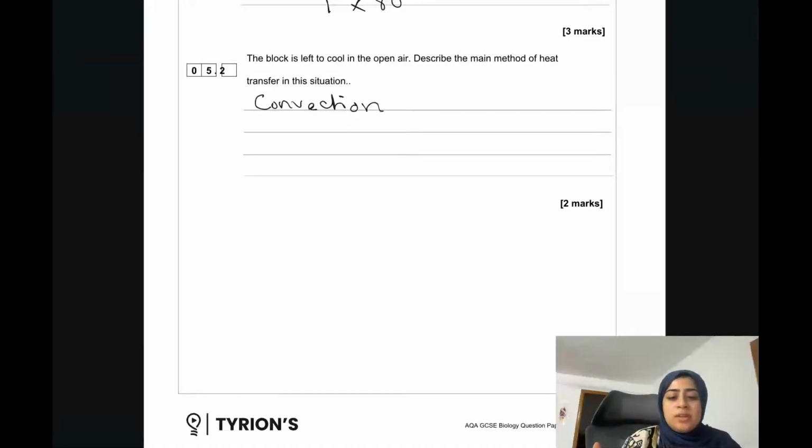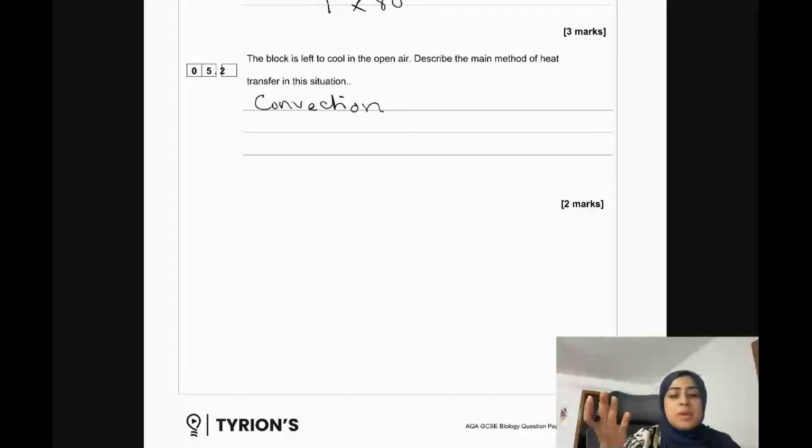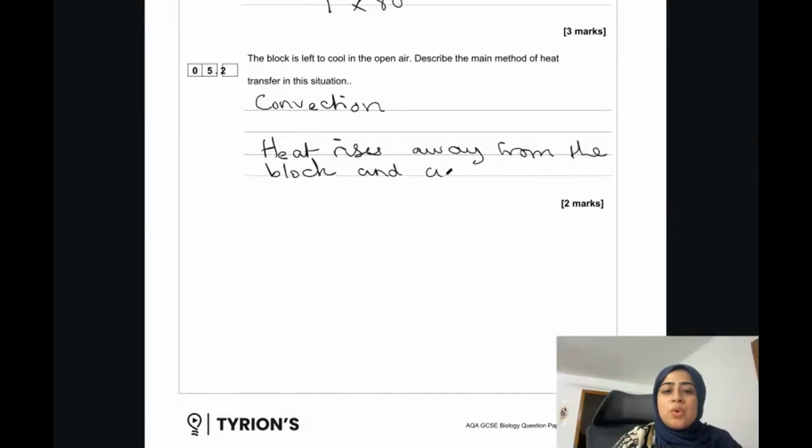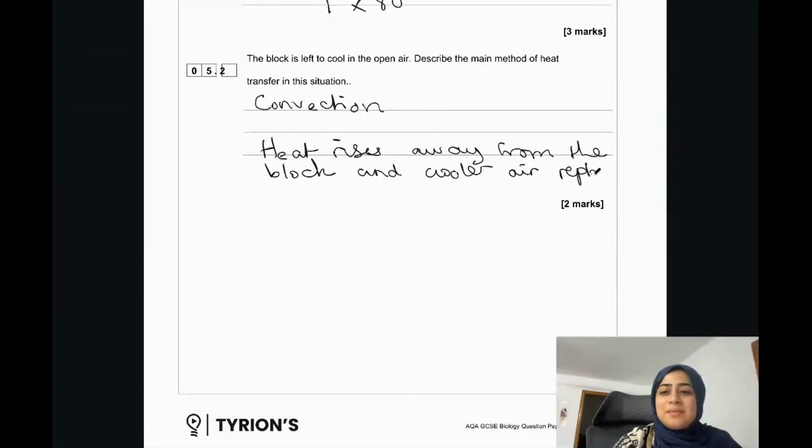So it's convection, and heat rises, and the cooler air would come to replace. So heat rises away from the block, and cooler air replaces it.